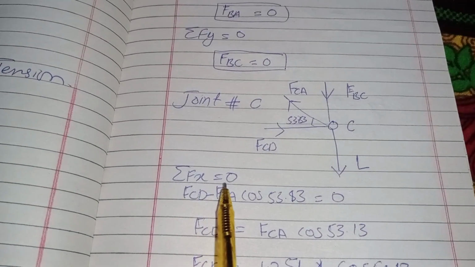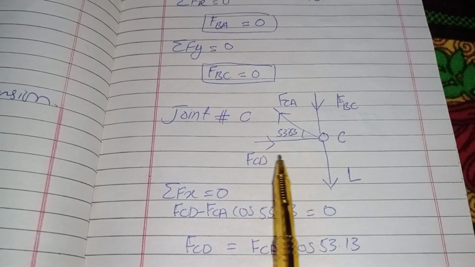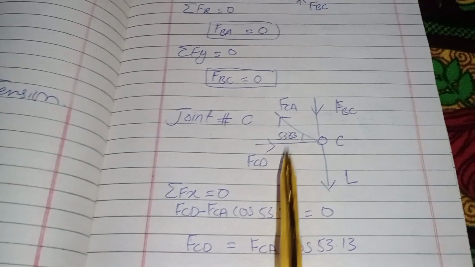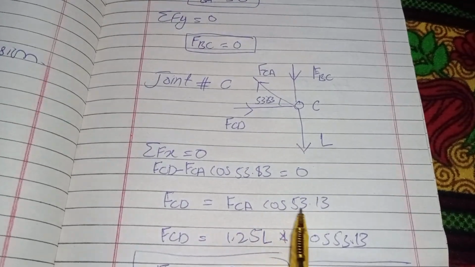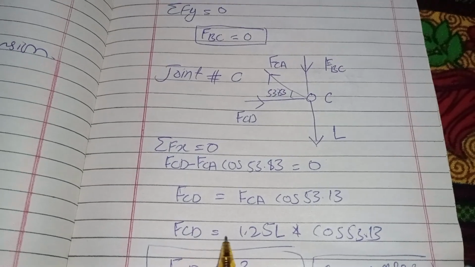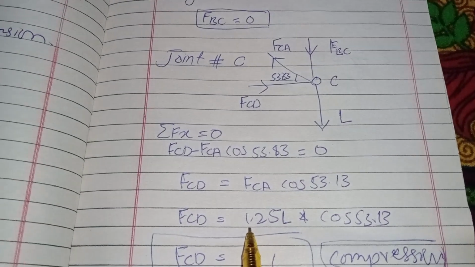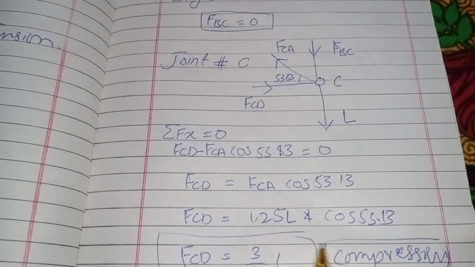Summation of all horizontal forces equal to 0. So negative FCD, which is this force, negative FCA, which is FCA cos 53.13, equal to 0. FCD will equal FCA cos 53.13. So at the place of FCA, I put its value, which is 1.25 L multiplied by cos 53.13.